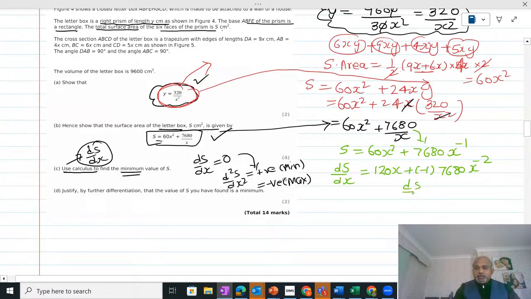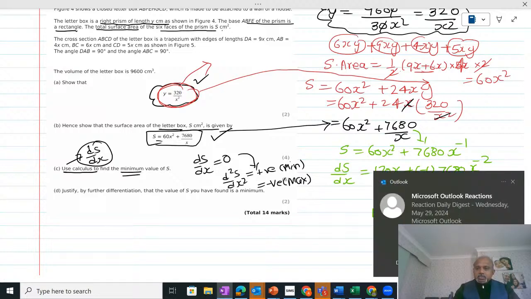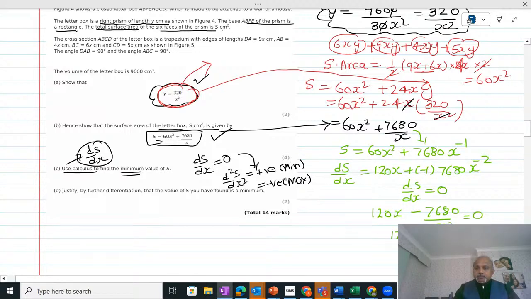Once you put dS over dx equal to 0, this will become 120x minus 7680 over x squared equal to 0. So 120x equals 7680 over x squared. Cross multiply, so x cubed is 7680 over 120. If you simplify, it is coming 64. So x is 4.